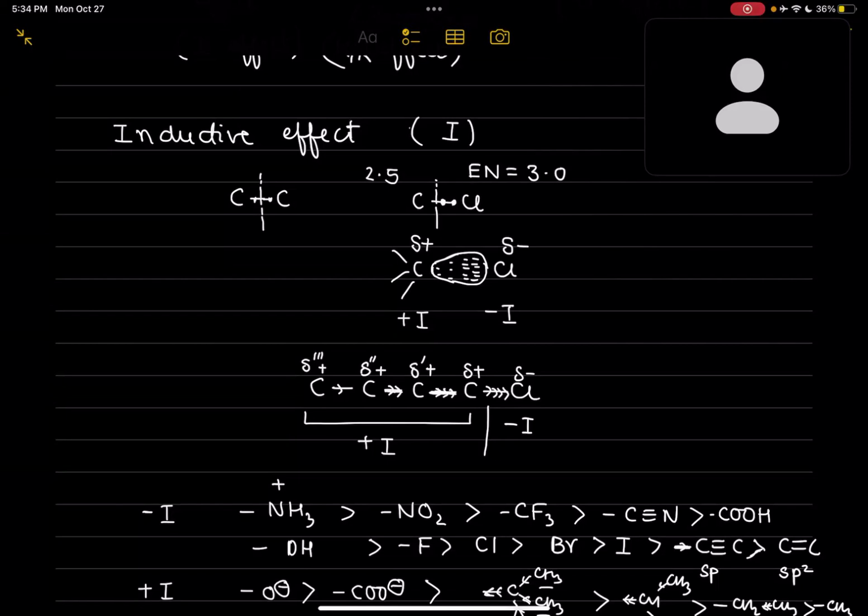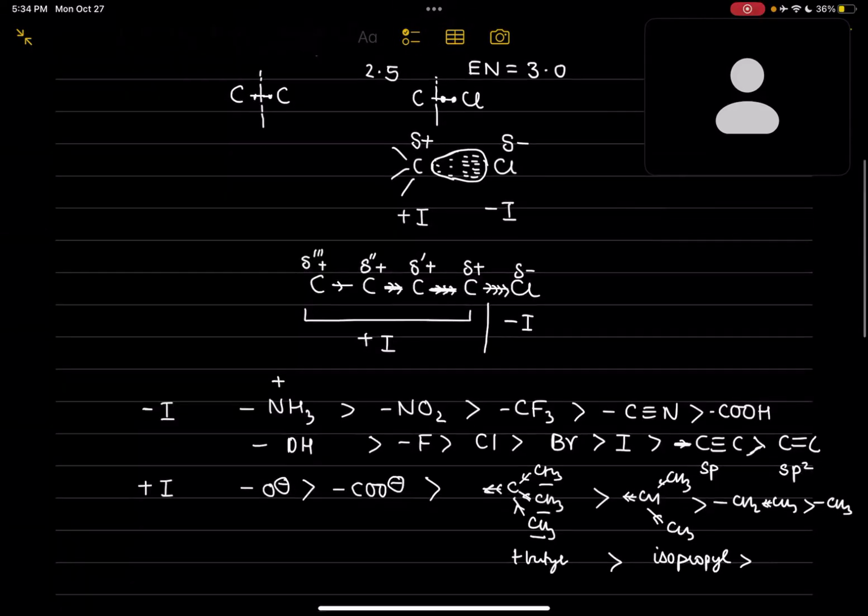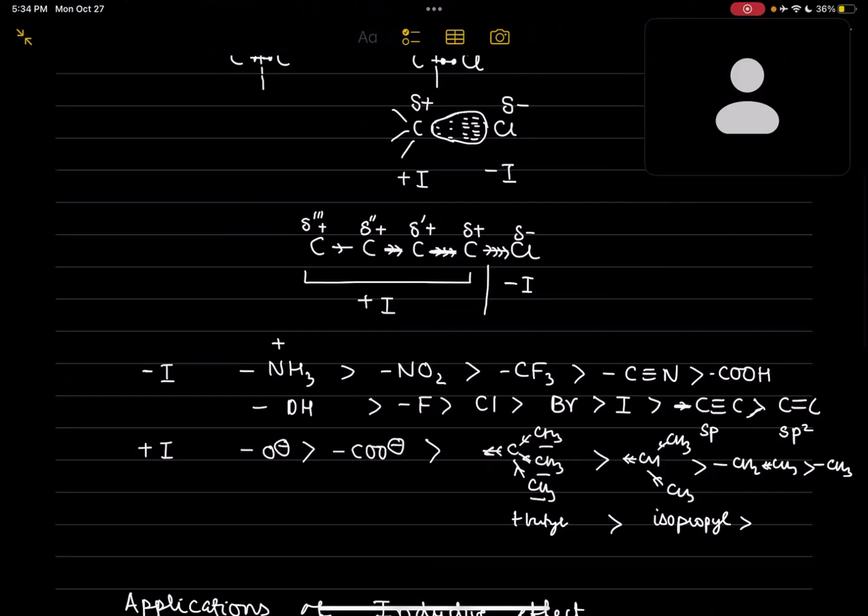These partial charges get transferred throughout the molecule by the sigma bond, because if one atom acquires partially positive charge, because chlorine is attracting, it's trying to pull away the electrons from it. That carbon atom will attract the electrons from the other carbon atom, and that other carbon atom will attract the electron from the next one, and so on.